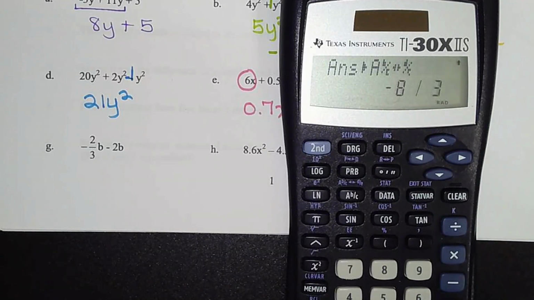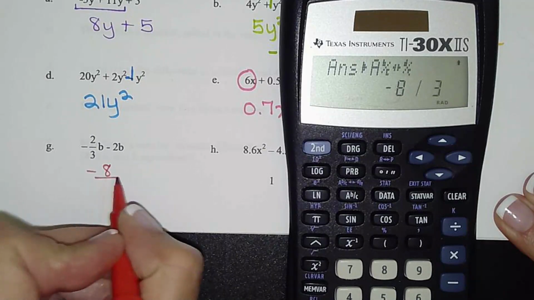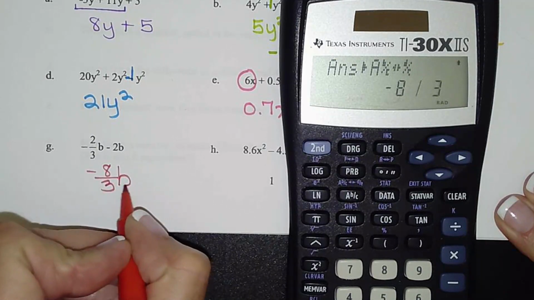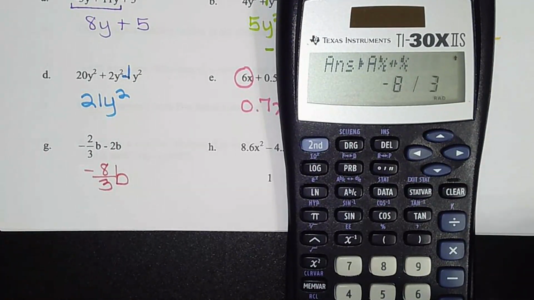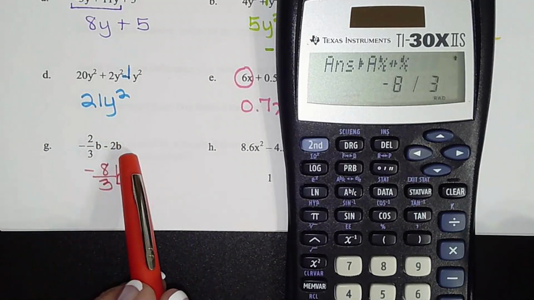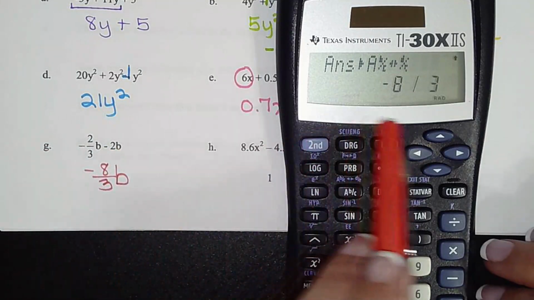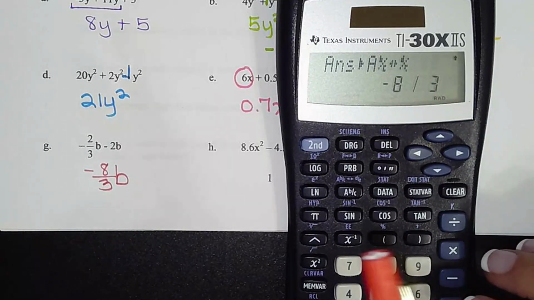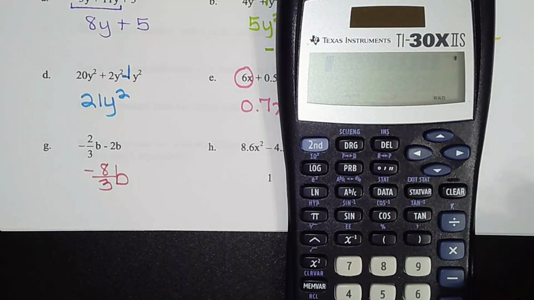So this one is negative 8/3, and then you put your B on it. You can see why I said get that calculator ASAP, because you need to practice subtracting fractions, knowing the difference between negative and subtraction, and changing a mixed number into an improper fraction. So let me go through the keystrokes one more time.